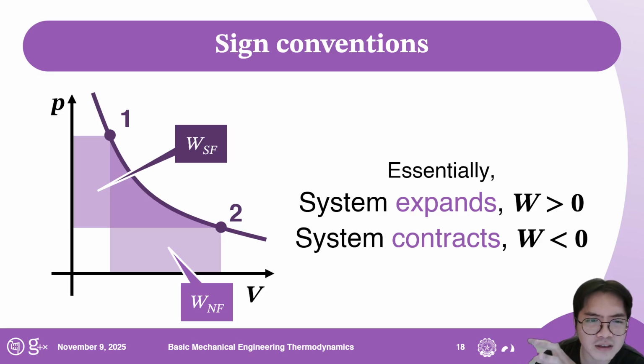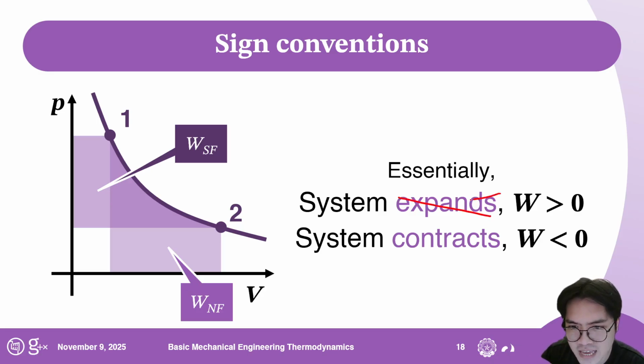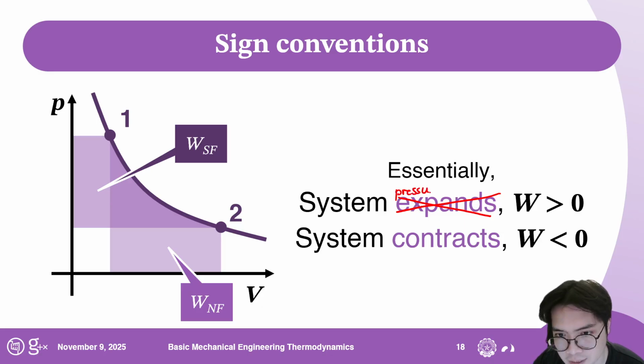I feel like the conclusion is no longer very cut and dry for steady flow work. What I think should happen in here is that instead of saying expands, because that's a little bit vague, when the system pressure decreases, your work is positive.